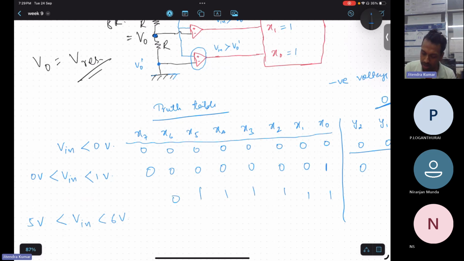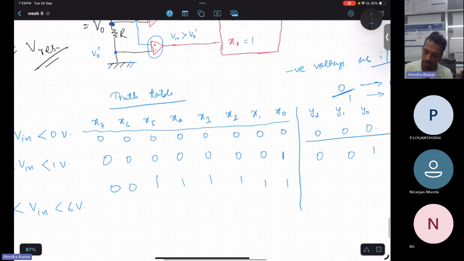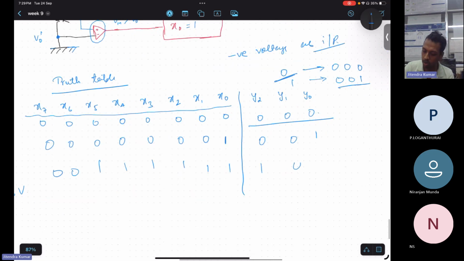And the rest all will be 0. Since till X5 it is on, we can write 1, 0, 1. How do you write 5 in binary? 1, 0, 1. Exactly.